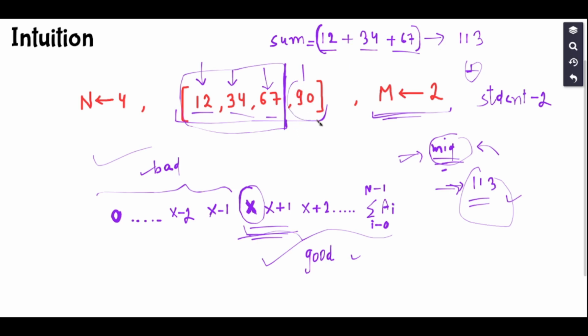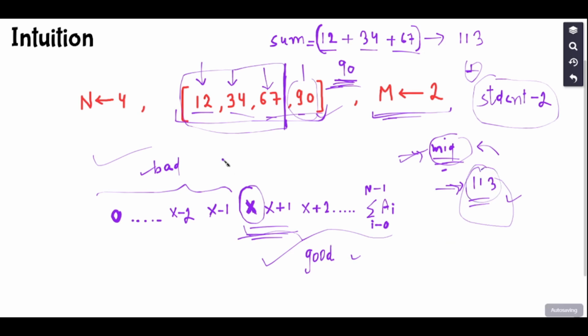Now 90 would be allocated to student number 2. Does 90 cross mid? No, it doesn't. And now we end this array. We stop traversing the array. At the end, all I have to check is the number of students to which I have allocated the books, such that the number of pages allocated to each student is not crossing this limit.